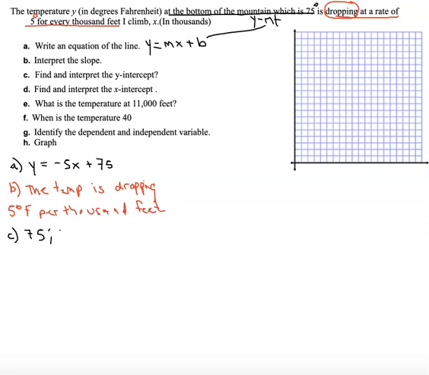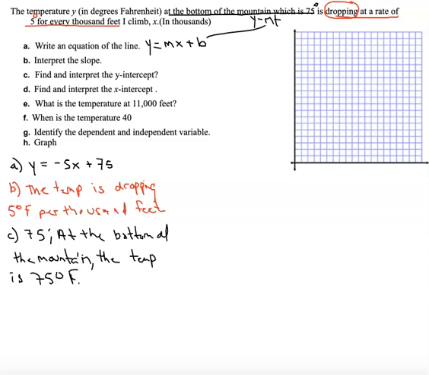So at the bottom of the mountain, the temperature is 75 degrees Fahrenheit.